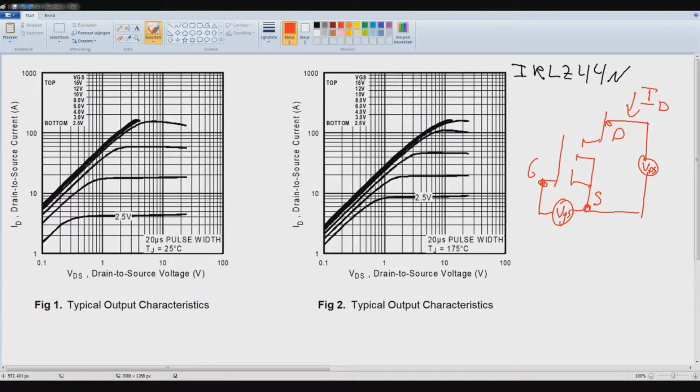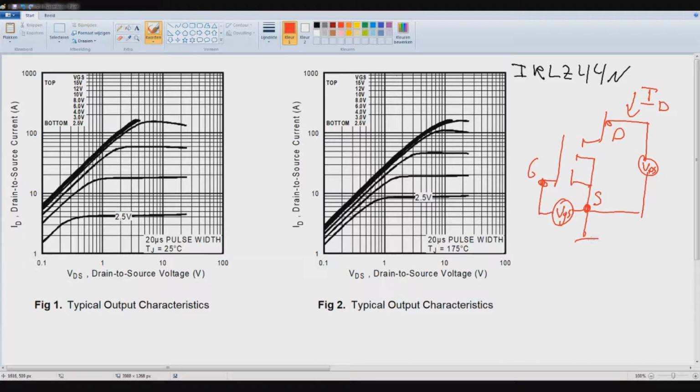If we look at these lines over here, we are starting from 0.1 volts VDS. That's not much. It means that if we look at this symbol, we only have 0.1 volts.